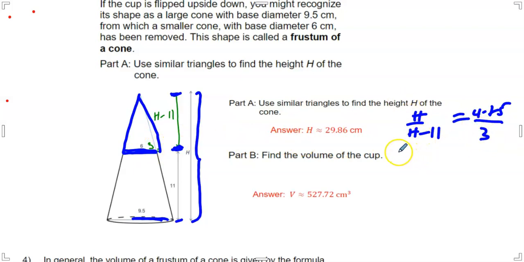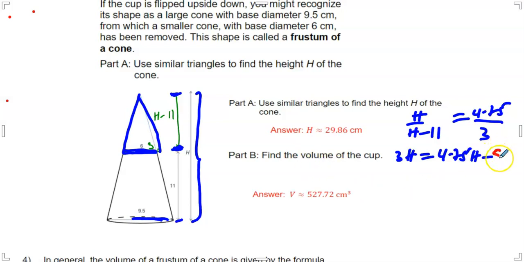When we cross multiply, we get 3h equal to 4.75 times h minus 4.75 times 11, which gives us 52.25.